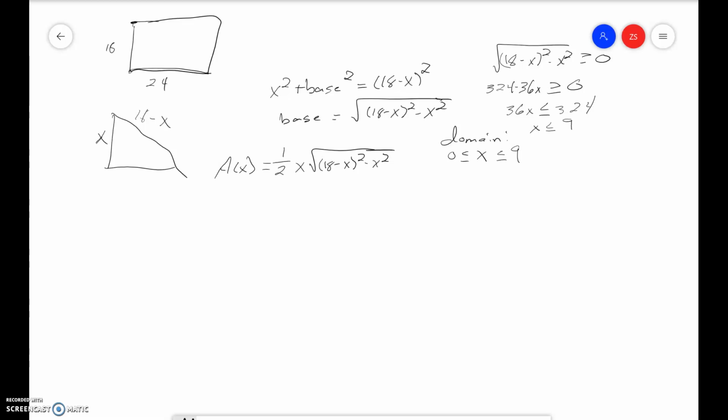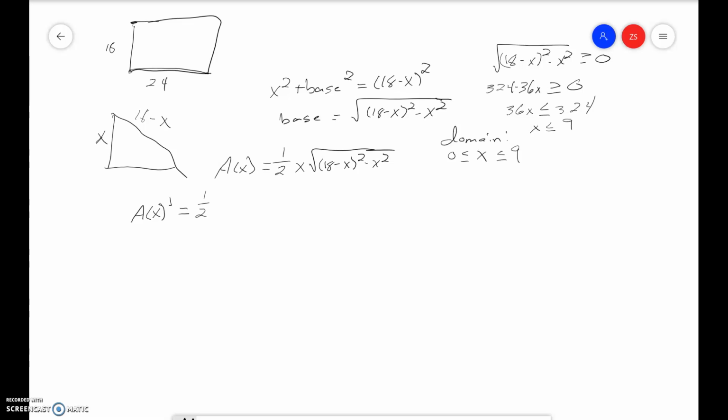Okay. Now, for maximization, we know we have to do a first derivative of the area function here. So we do A prime with respect to x is going to be equal to, let's see, I wrote the derivative out because I knew this would take me a minute. So we got to use product rule.